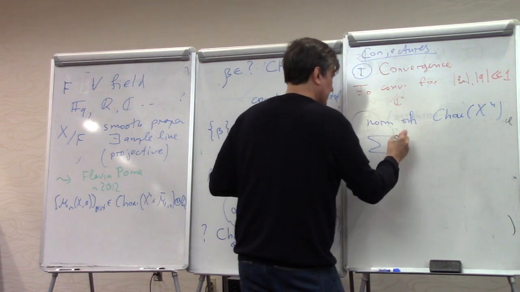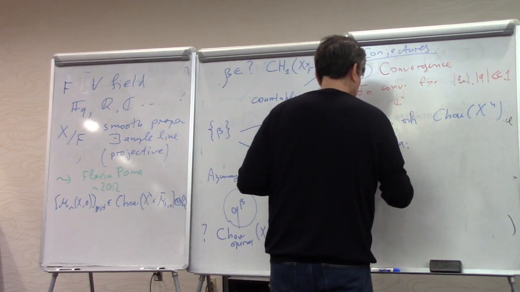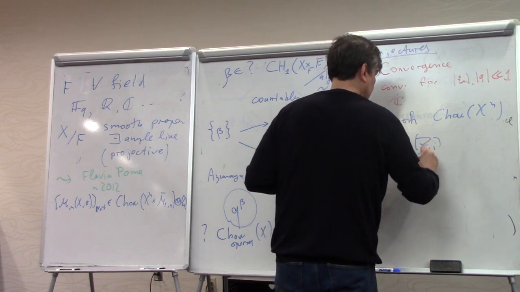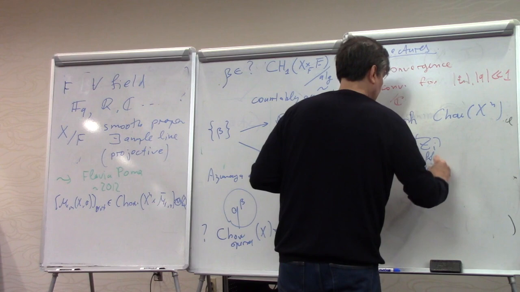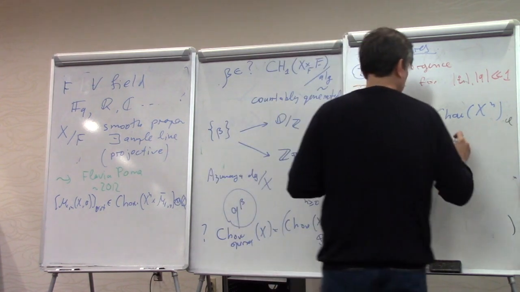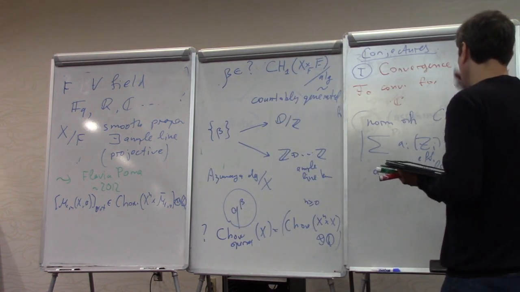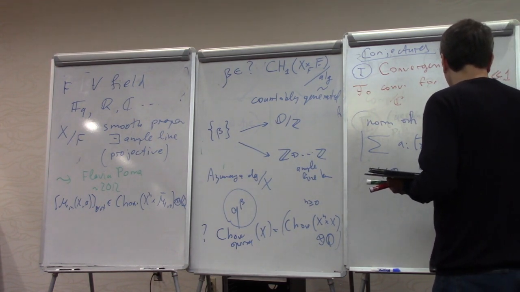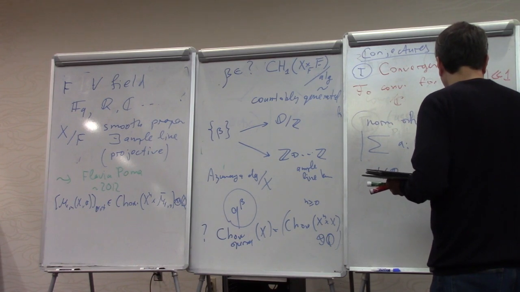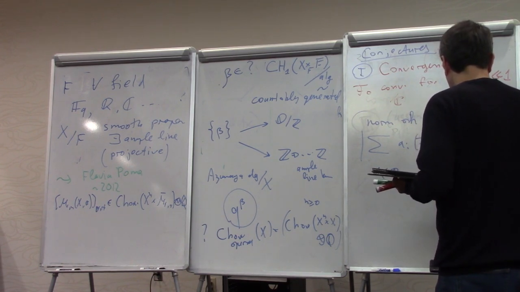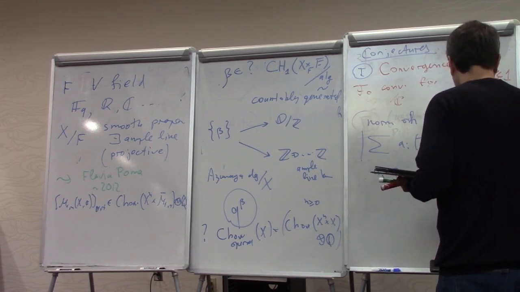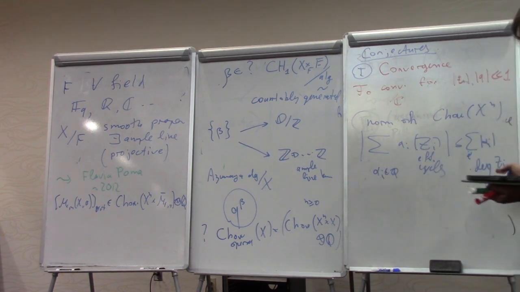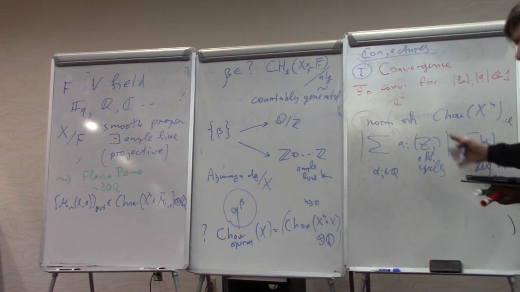Namely, if you get some pluses, some alphas, alpha rational numbers, and some effective cycles, and you find norm of these things, it's something which, by maybe semi-norms, it should be smaller than sum of absolute value of alpha I times degree of the cycle with respect to your chosen ample class.